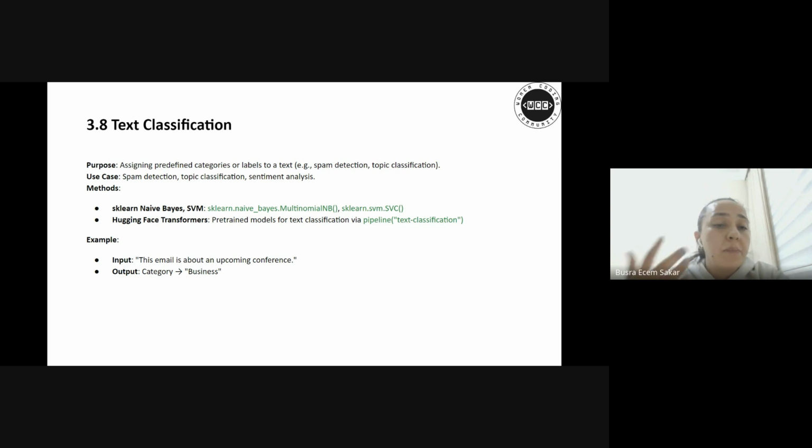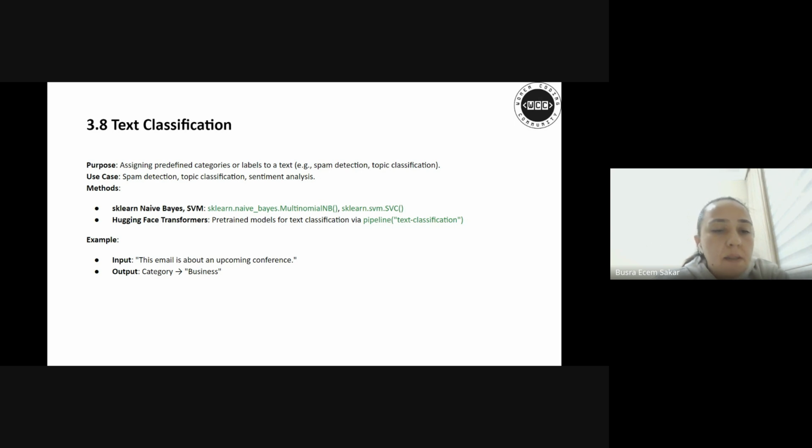And also it can be useful for sentiment analysis, where text is categorized as expressing positive, negative, or neutral sentiment. So you can use scikit-learn for this method, and also for more advanced models, Hugging Face transformers, as I mentioned before, provide pre-trained models that can be easily accessed.